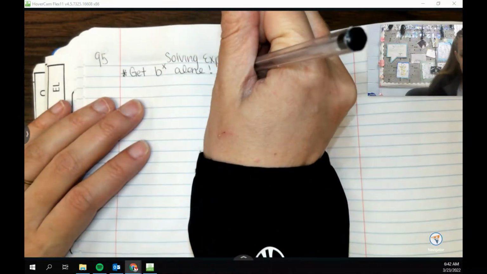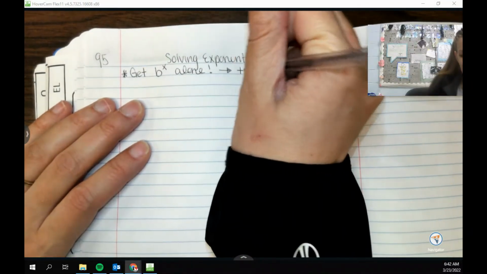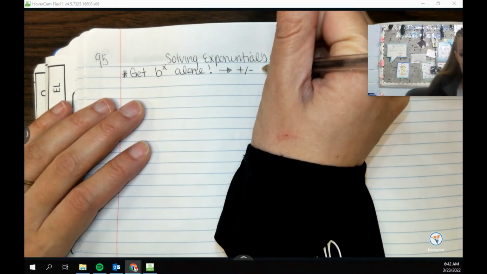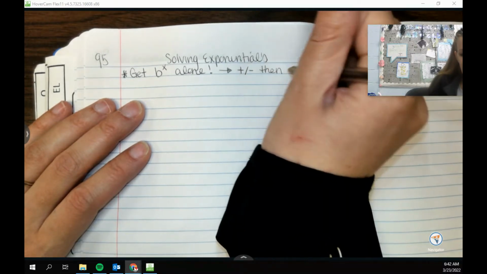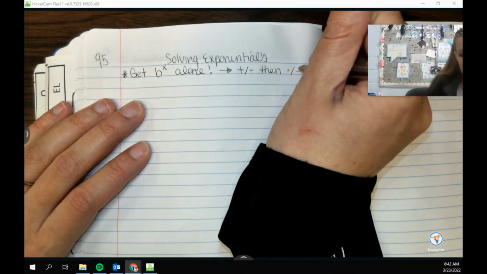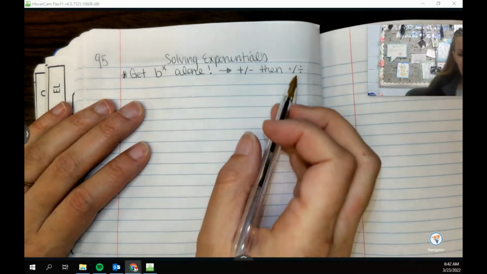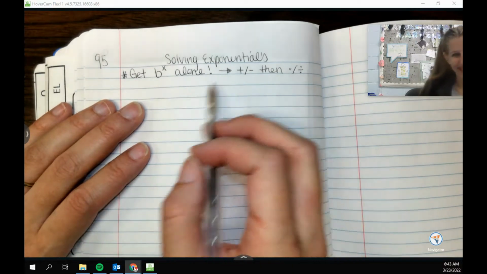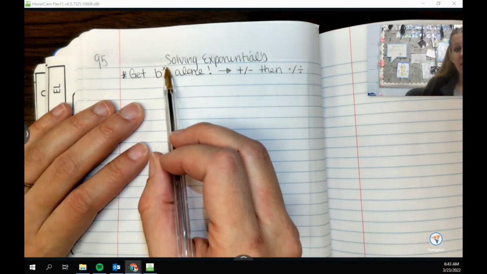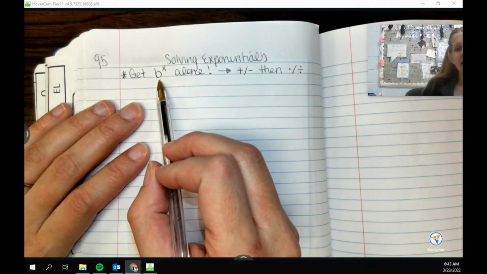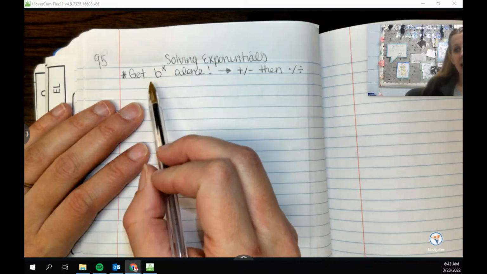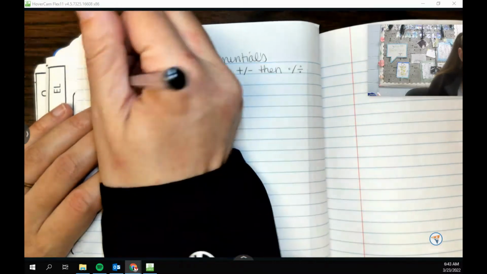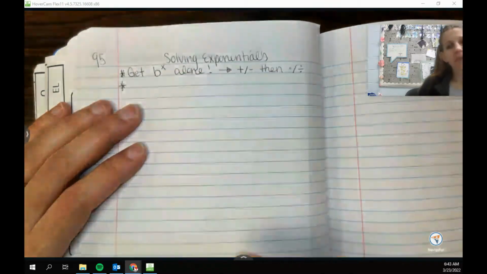We do this by getting rid of addition, subtraction, and then multiplication and division. Now there might be stuff up here with x, but you need to get the base and the x alone. Then you're going to probably feel stuck.